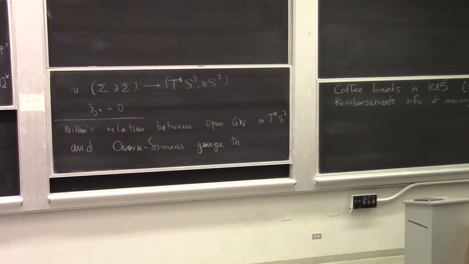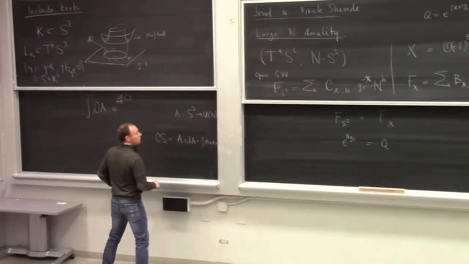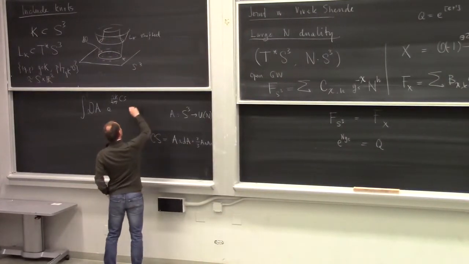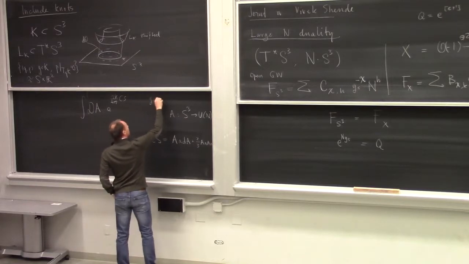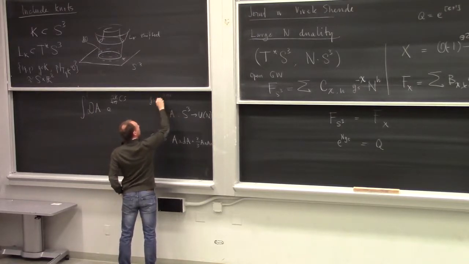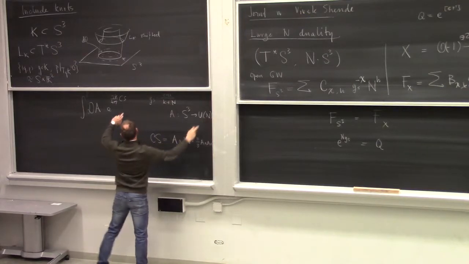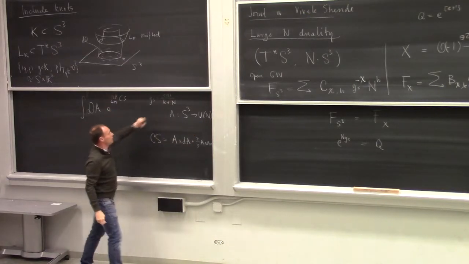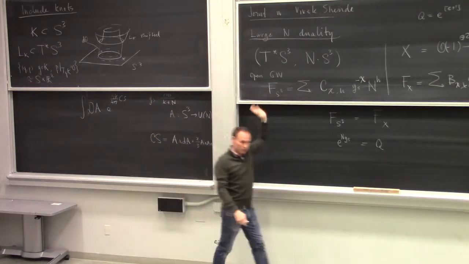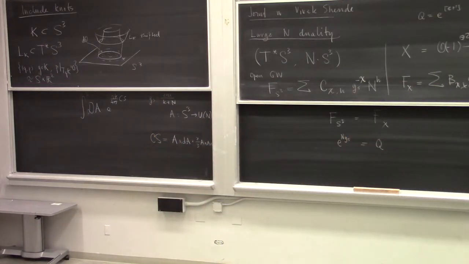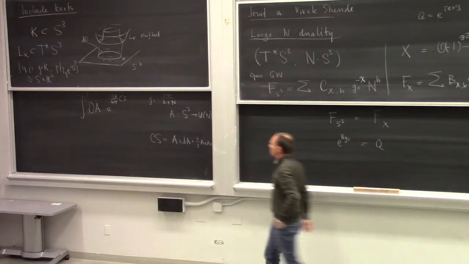I'm not going to use this super much, so let me not go into detail. But to relate the two, we should have gs be 2 pi i over k plus N. So N is the rank of the gauge group, and k is this level of Chern-Simons, so that's what gives you the variables here. Now, what one can do in this theory is you can take expectation values of knots.